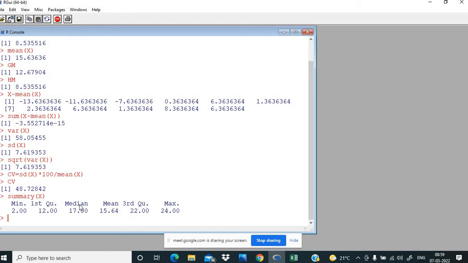Median is 17. First quartile is 12, and third quartile is 22. Means 25% of the values in the data set are below 12. 75% values of the data set are below 22. So that is what the quartile means. And so very quickly we can have the descriptive statistics of the data set using this command.